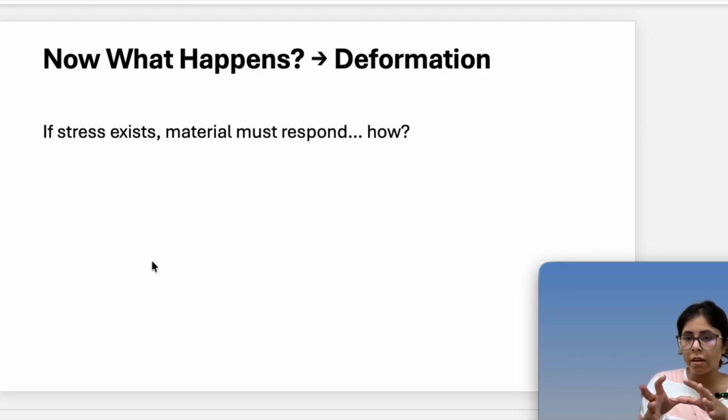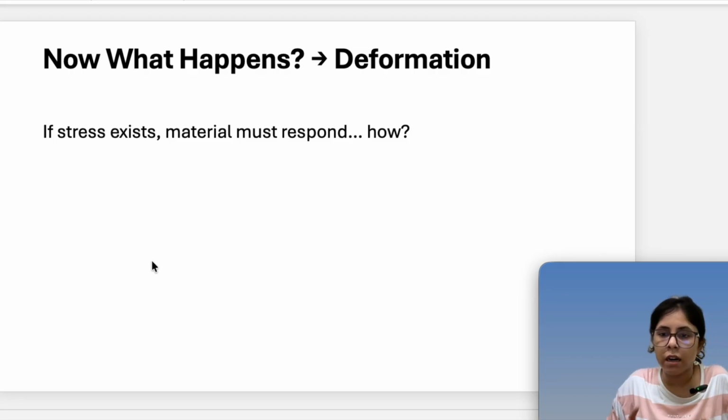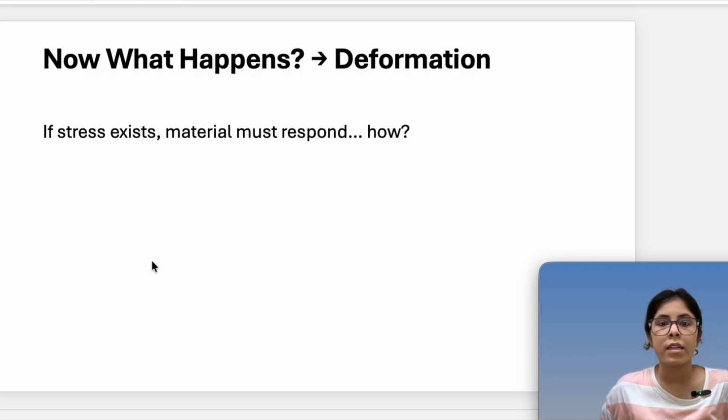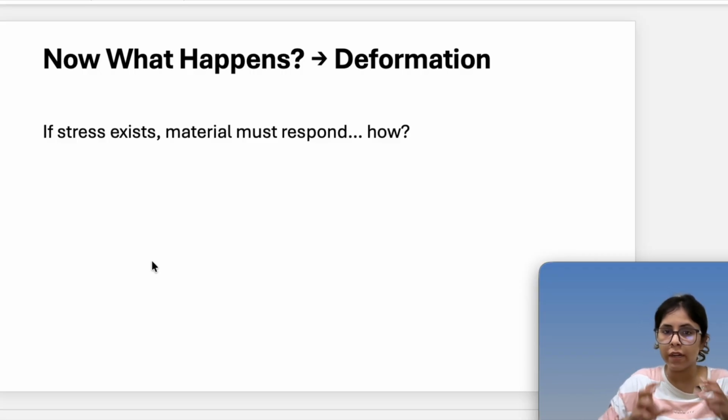Now we know that the body is under stress, the body is generating stress. Now what will happen? If the stress exists on the body for a longer time, the body will deform.